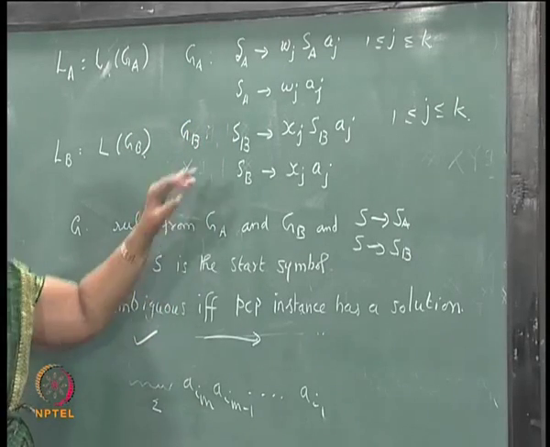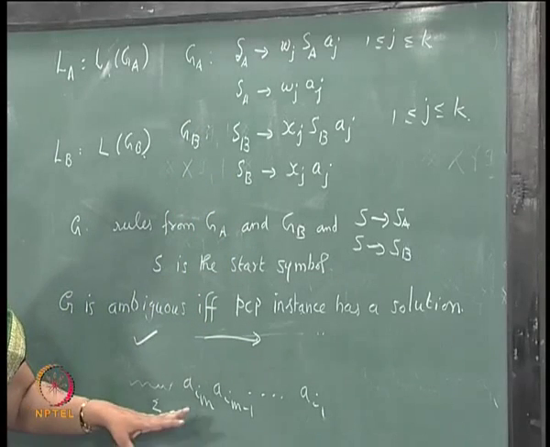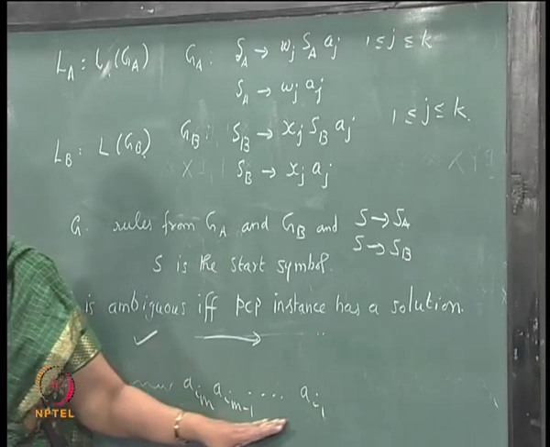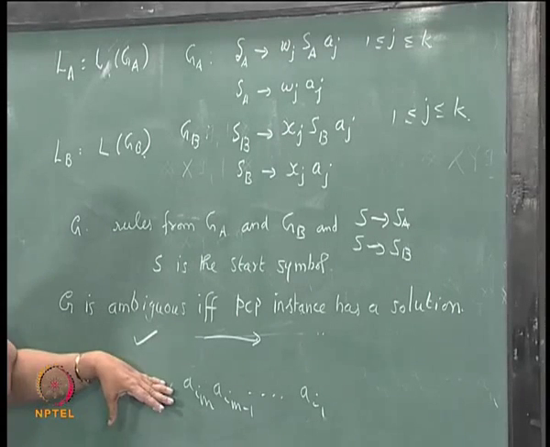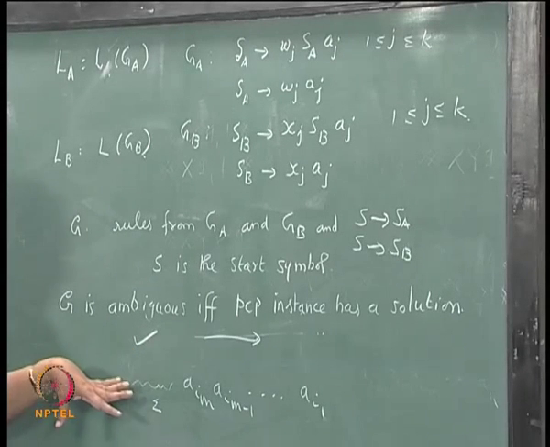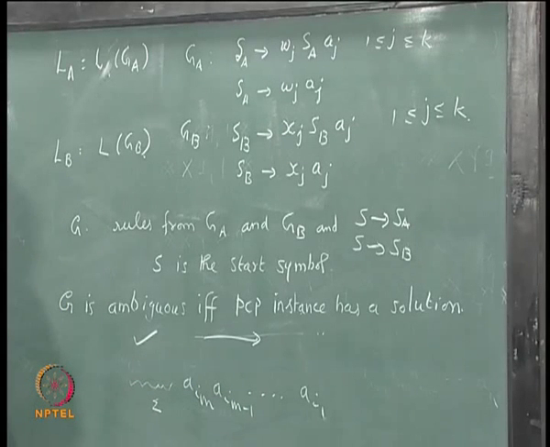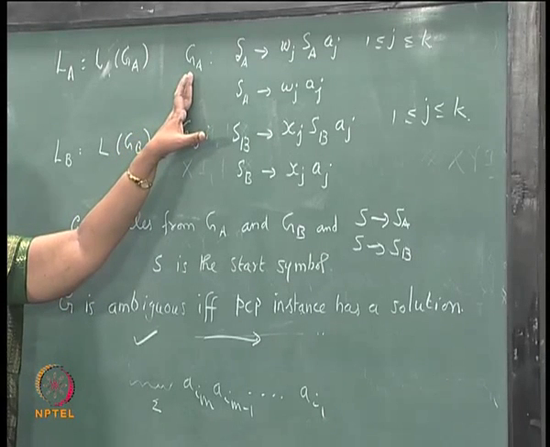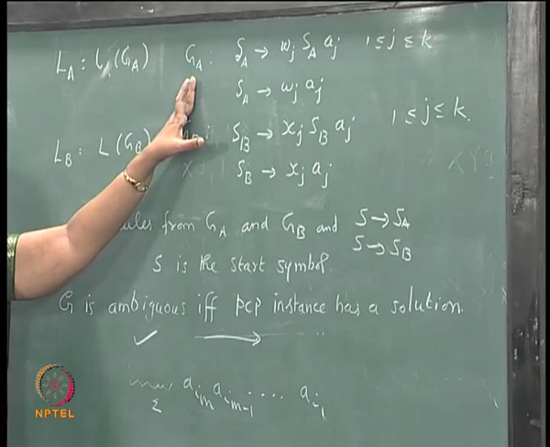Finally, the last rule you would have applied is S_A goes to W_im A_im. So, this sequence of symbols in the latter portion of the string dictates the order in which you have to apply the rules. So, any string of this form, first portion made up of symbols from sigma and the second portion made up of the new symbols which you have added, can be derived in only one way in G_A.